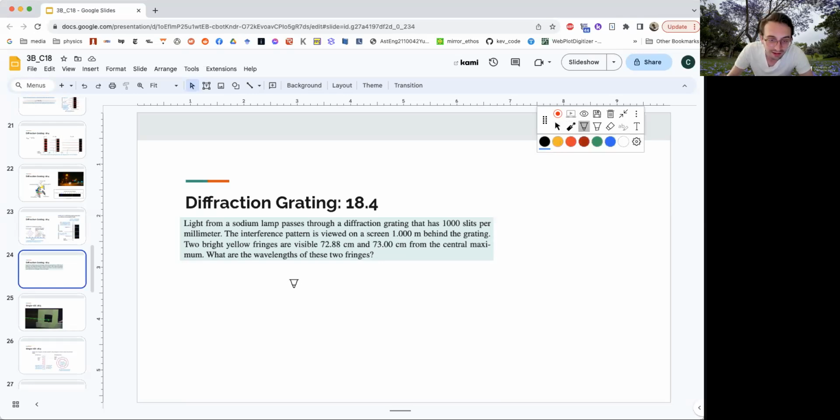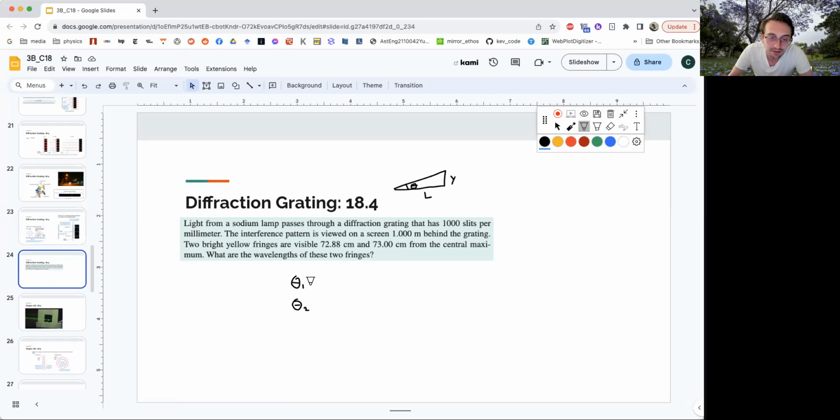But we can go back and grab that formula for theta. So this problem, it's a little weird, right? They tell us that 2 bright yellow fringes are visible at 2 particular positions. So we can get theta just by thinking about the geometry here. So we have a right triangle, this is theta, this is y, this is L. So we can call one theta 1 and one theta 2.